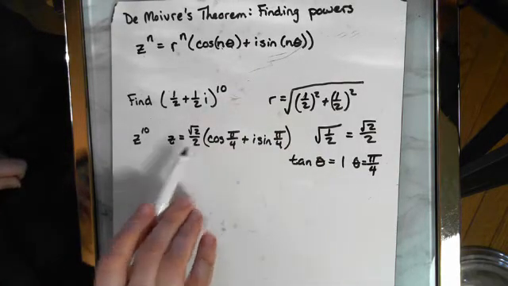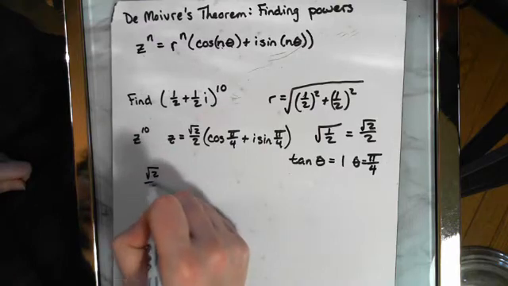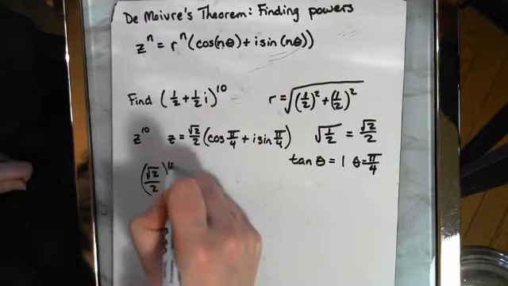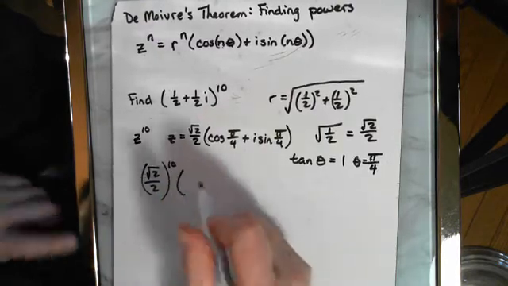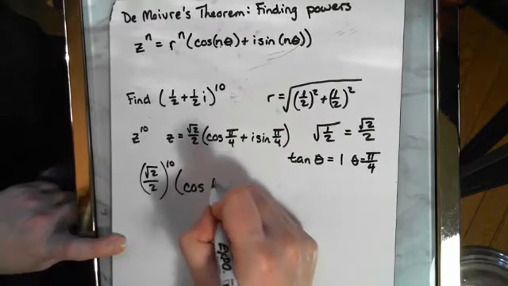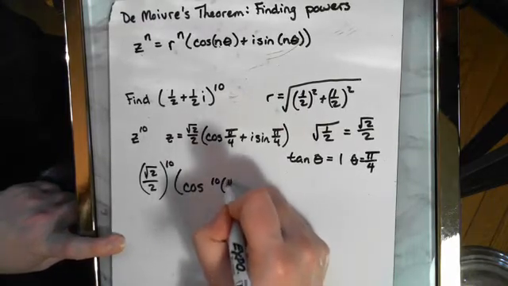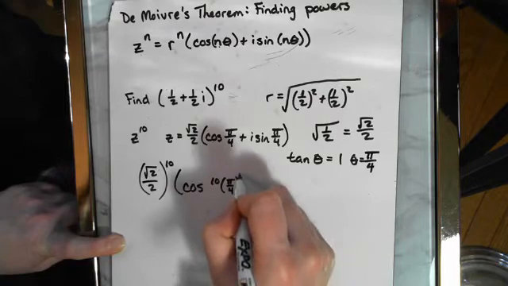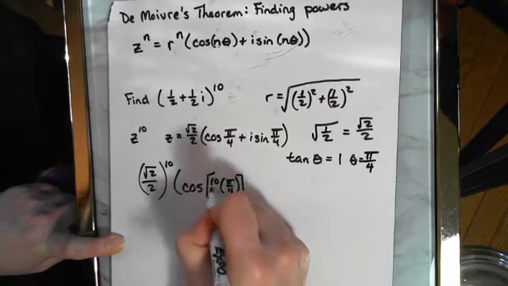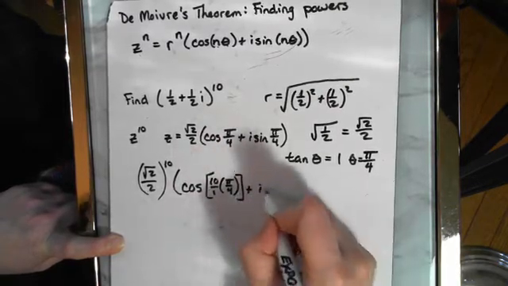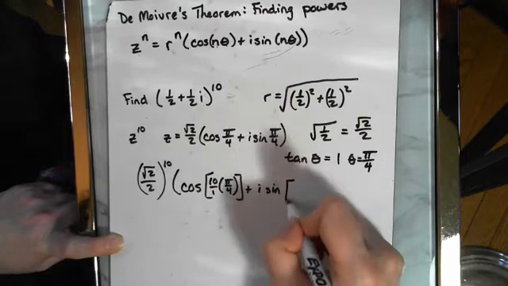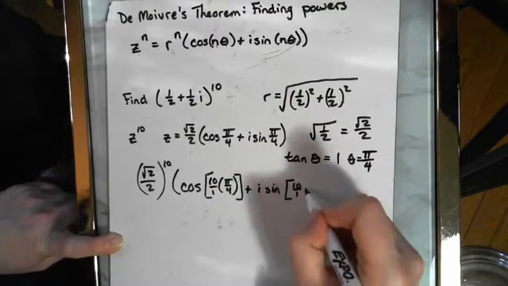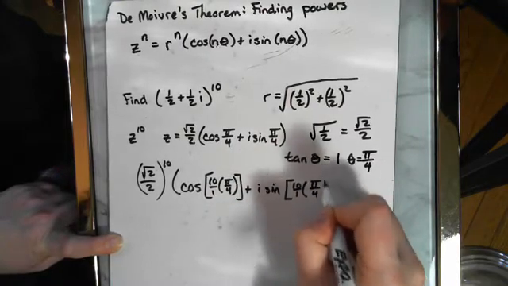So I have to raise this to the 10th power times the cosine of 10 times pi over 4. Let's just put brackets around this. Plus i sine of 10 times pi over 4.